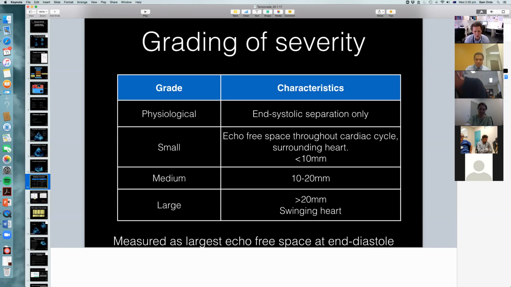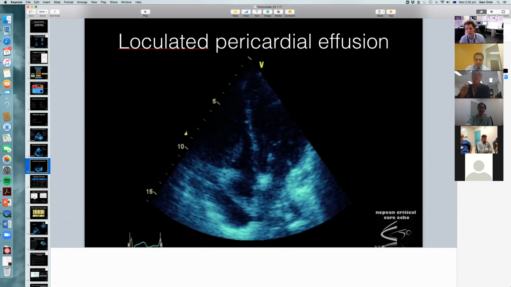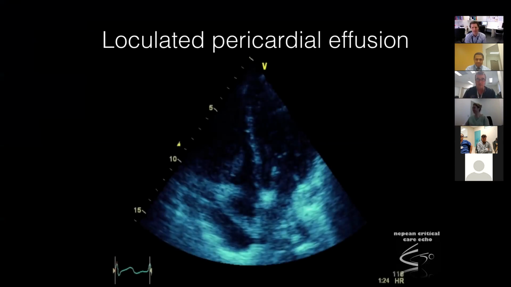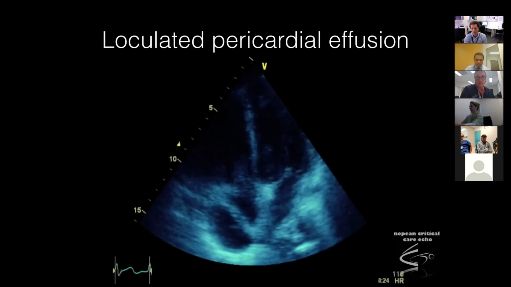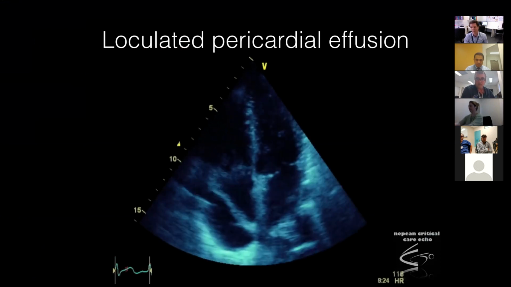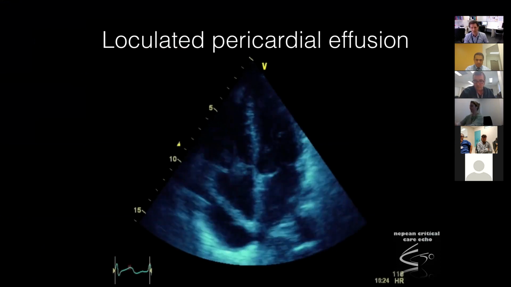Can I ask, loculated, I assume we'd rely on a surgeon to drain that? Yeah, great call, absolutely. So this is an example of a loculated pericardial effusion that you can see, particularly post-operative. Cardiac surgery is probably the one where you'd see this.